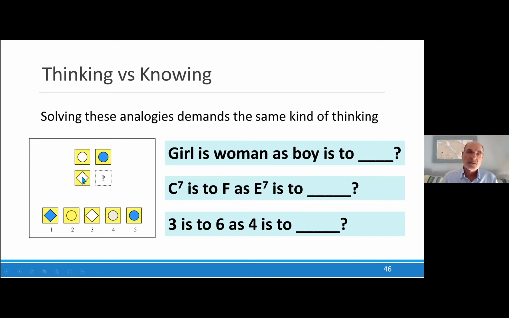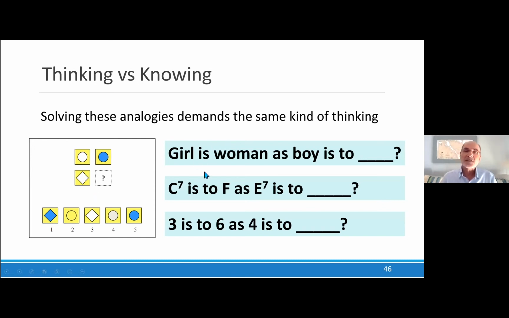So a white square in the bottom left should be a blue square in the bottom right. You could say all that stuff, but you really don't have to, right? All you need to do is look at the relationships or the pattern to know that that's the correct answer.